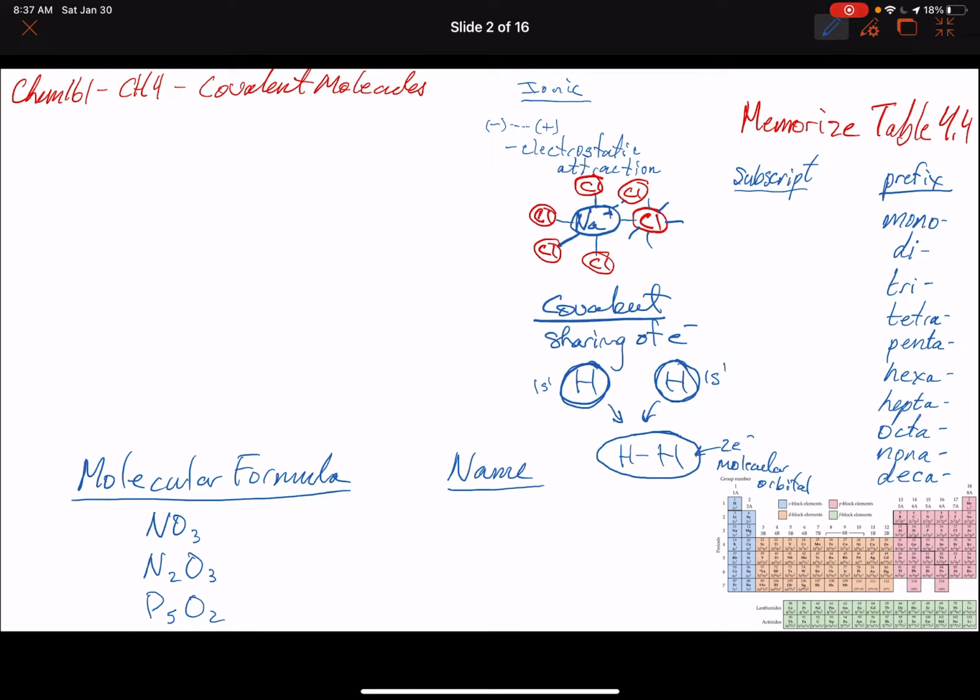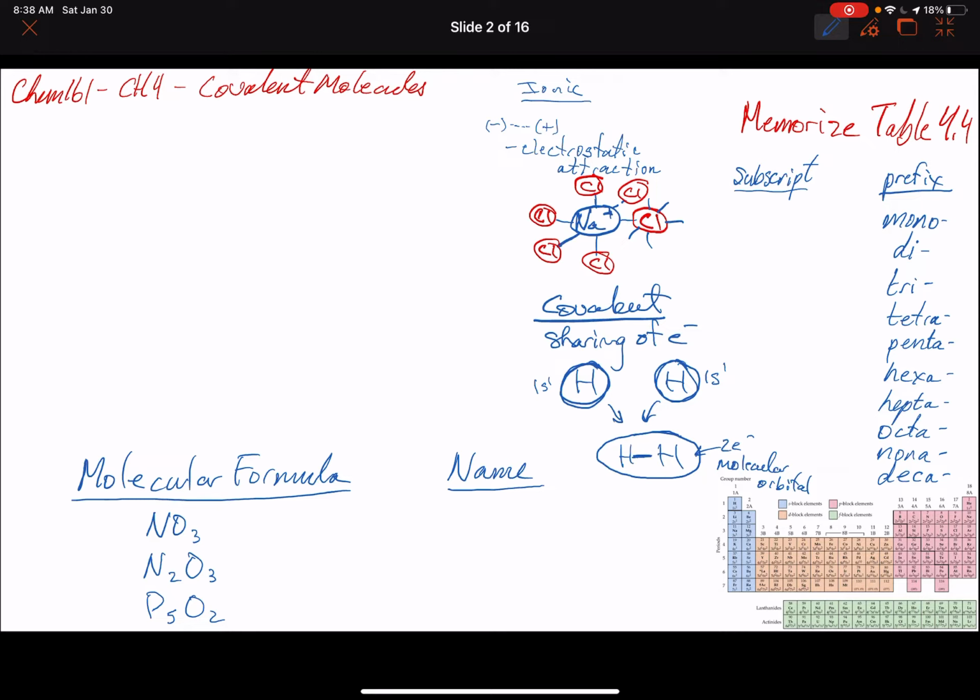And that 2-electron molecular orbital allows each hydrogen to appear as the next nearest noble gas, in this case helium, and appear to have a duet because there are 2 electrons in that shared 2-electron bond.